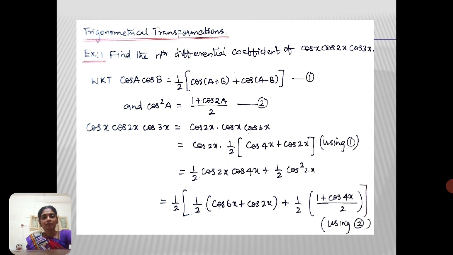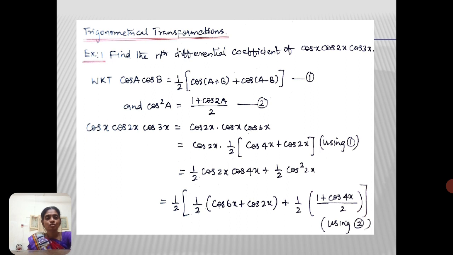And then trigonometrical transformations. Let us see the problem. Find the nth differential coefficient of cos x, cos 2x and cos 3x. We know the formula cos a cos b equal to 1 by 2 into cos a plus b plus cos a minus b. Also cos square a can be written as 1 plus cos 2a by 2.